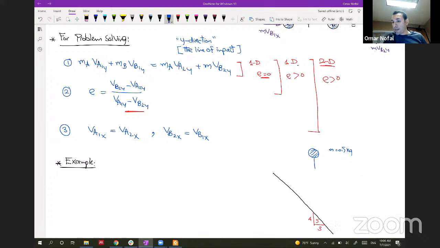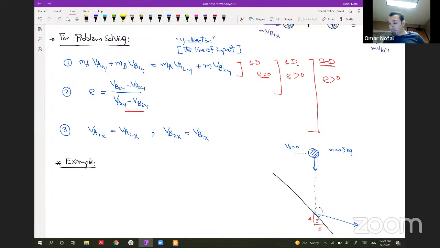It's going down, so here V naught is equal to 0 because it started from rest. And then from here until it contacts the table at this point. And actually, it will move maybe in this direction or in this direction. I don't know. It depends on the mass and the velocity and the coefficient of restitution between the ball and the surface. So we don't know actually how this ball will move.